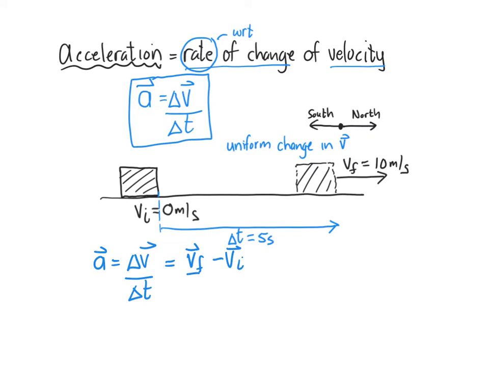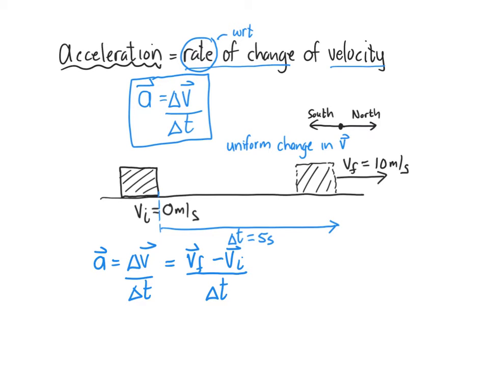Note that I keep the arrow on the top purely for me to keep in mind that this is a vector quantity. This is especially important when there is a change in the direction of the object, as this results in a sign change for the velocity.